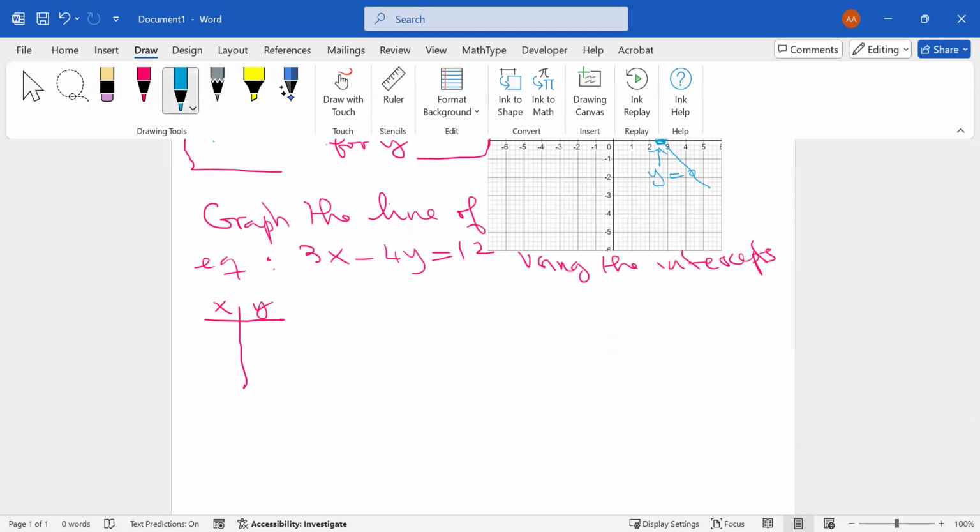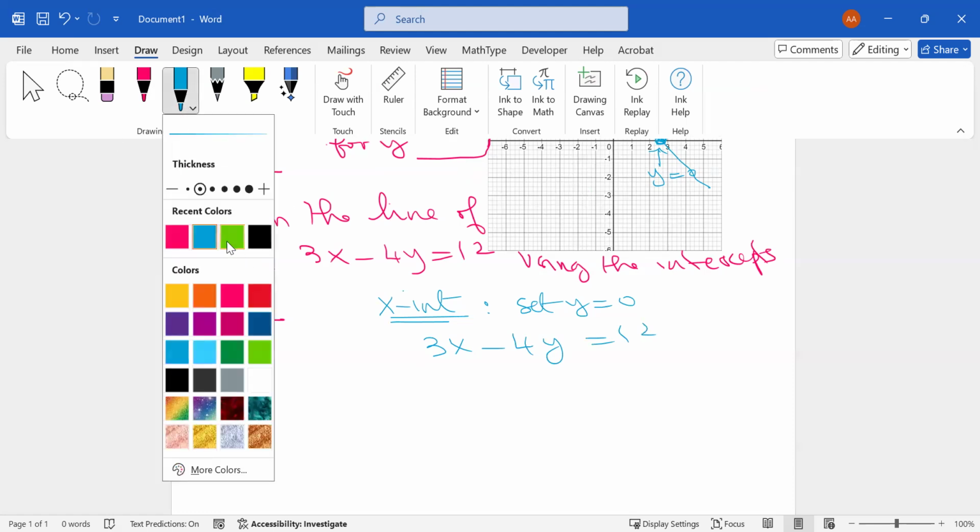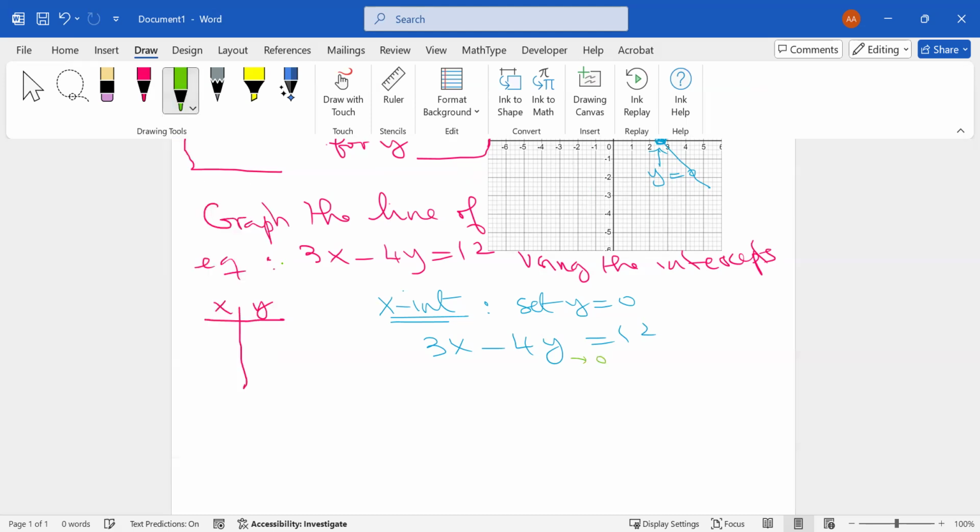So I want to find the x-intercept. I follow the guideline: I set y equals 0 in the equation. My equation says 3x minus 4y equal 12. If I set y equals 0, it means I'm going to substitute y with 0. It's going to be 3x minus 4 times 0 equal 12.